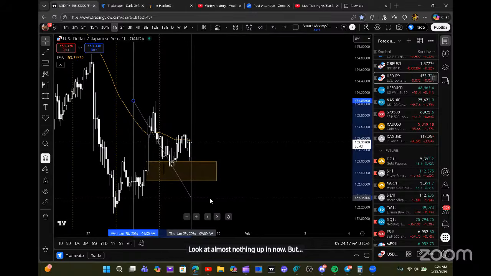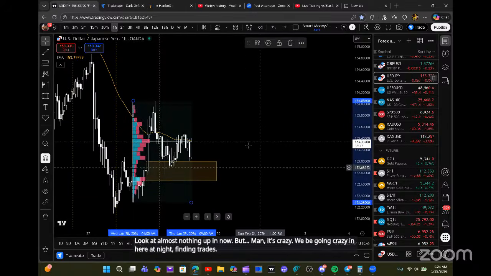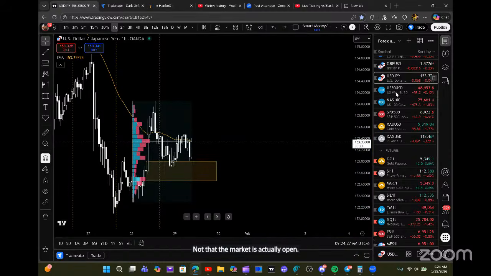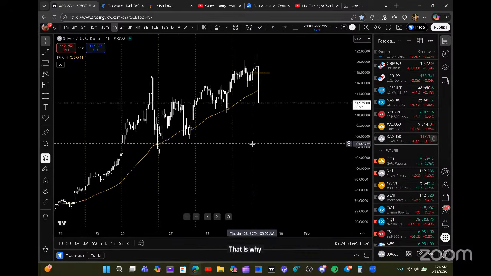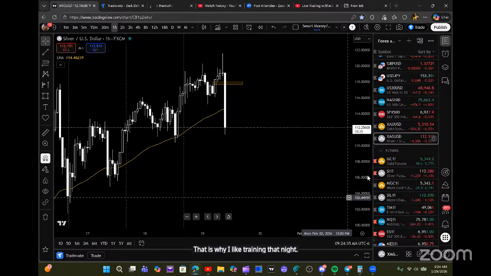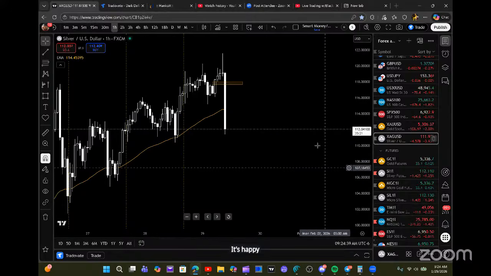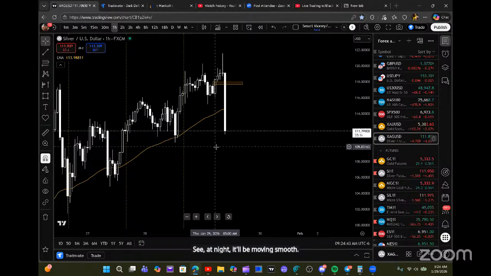Man, it's crazy. We be going crazy in here at night finding trades. Now that the market is actually open, all we getting is straight down moves. And y'all see, that's why I like trading at night. Because stuff like this happens, and now we're just sitting around waiting. At night, it moves smooth.